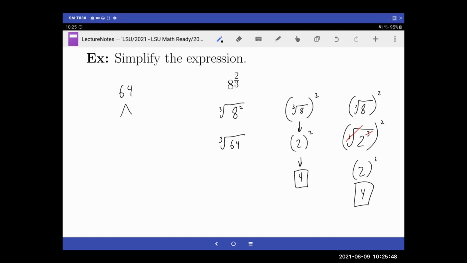Maybe not. Let's make a factor tree. We're looking for groups of 3 this time. 64 is 8 times 8. 2 times 4. 2 is a prime number. 2 times 2. 2 times 2. So that's 6 2s.